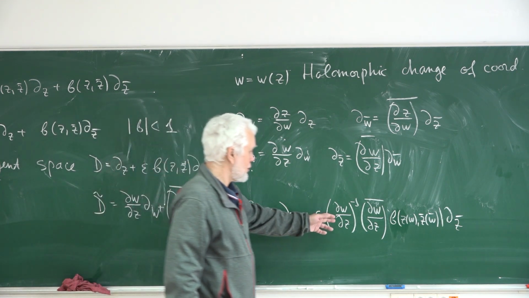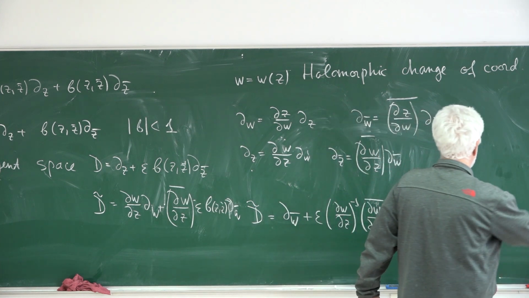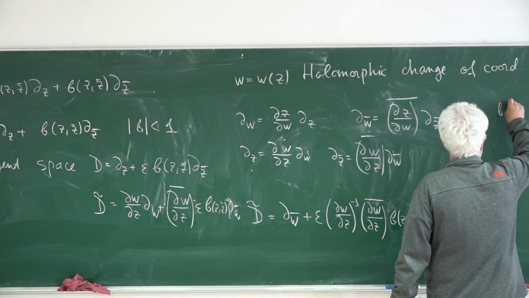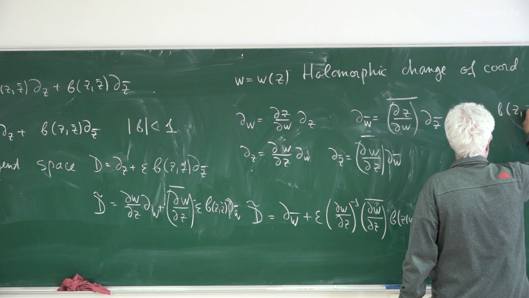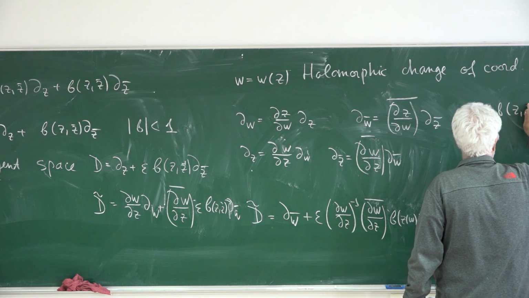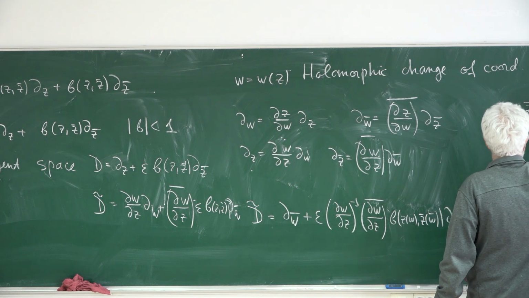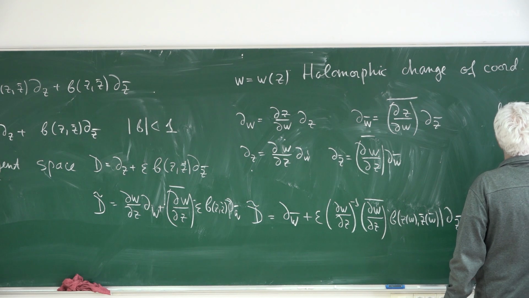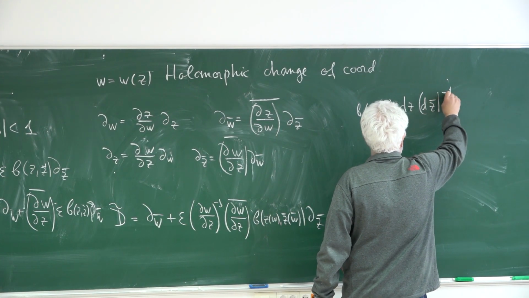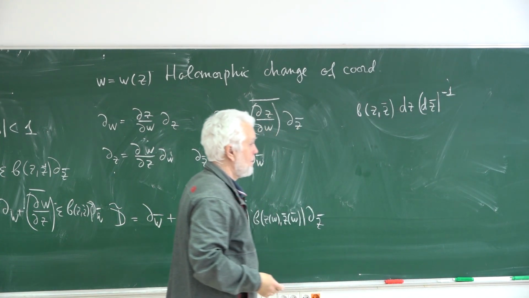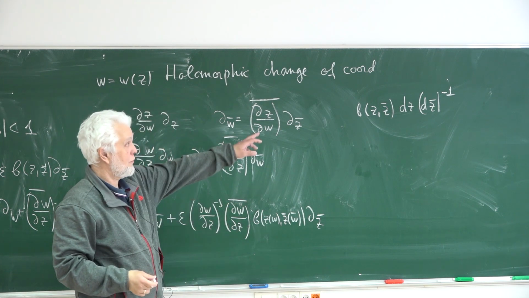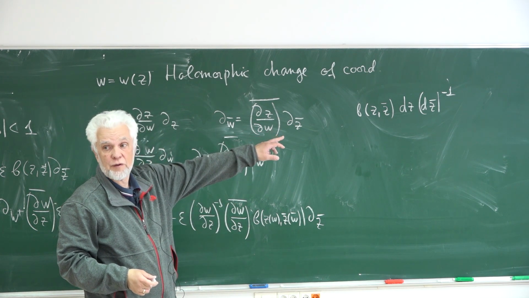Therefore, this object is of the type B(z, z bar). It has the following tensor weight.